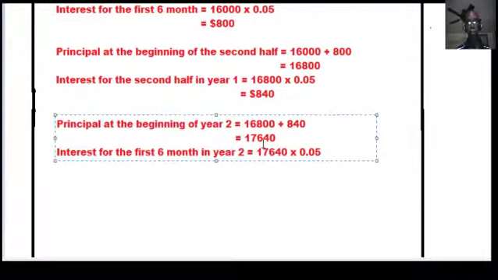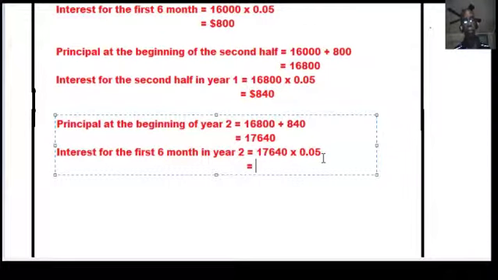Interest for the first 6 months in year 2 equals 17,640 times 0.05. This equals $882.